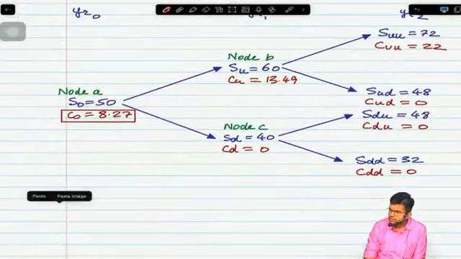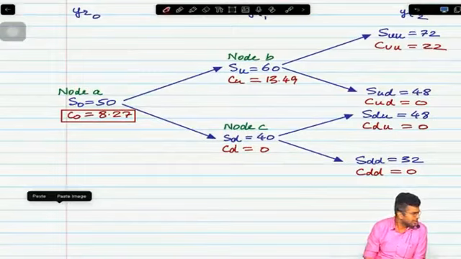I think this can be rectified if I give you the PDF. I'll just give the PDF to you.